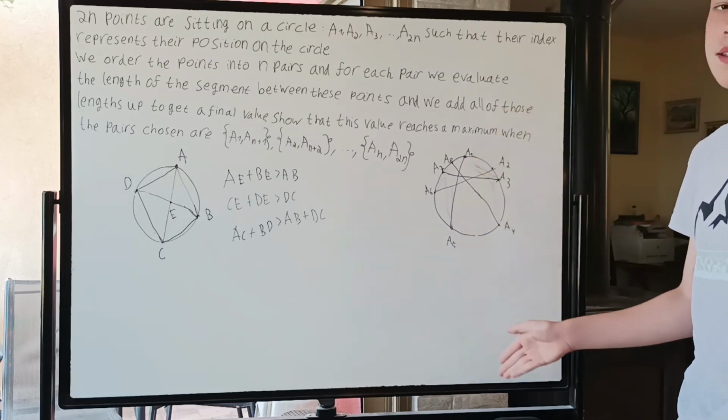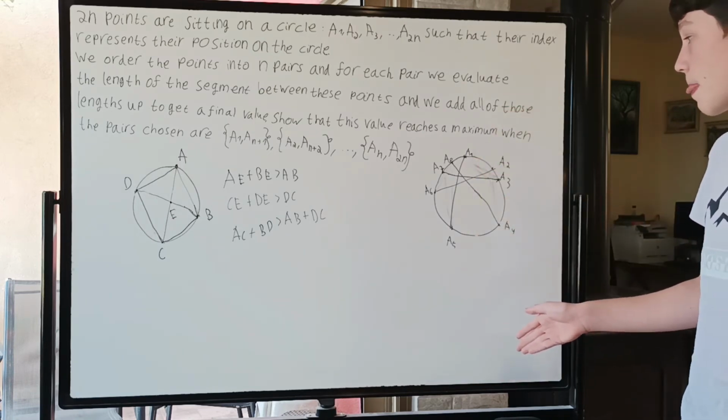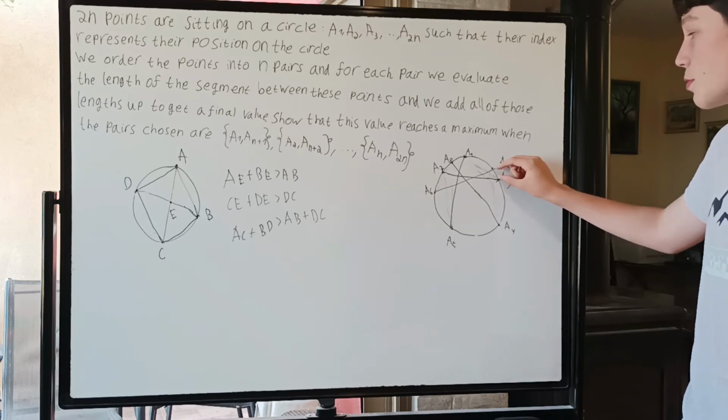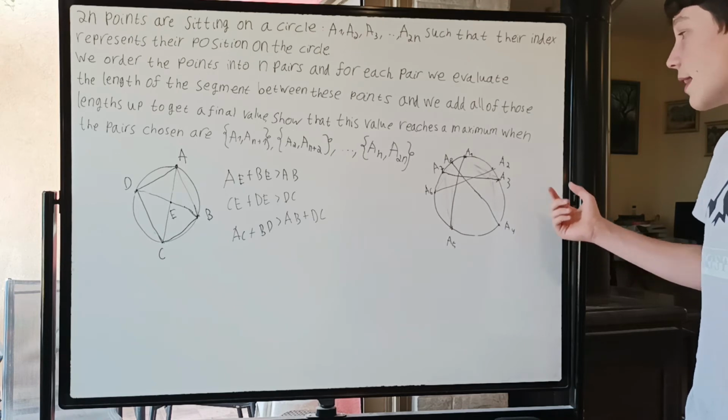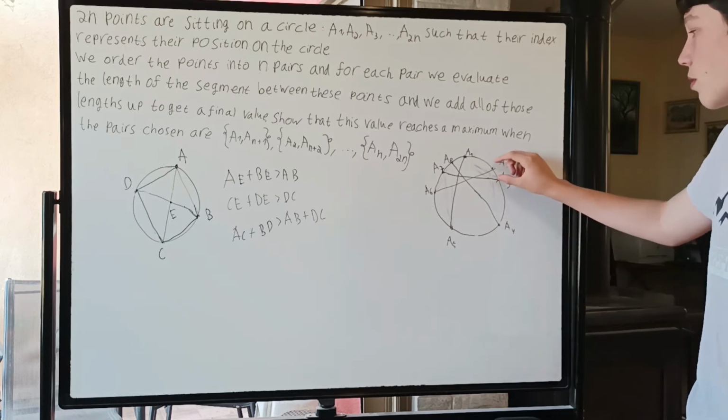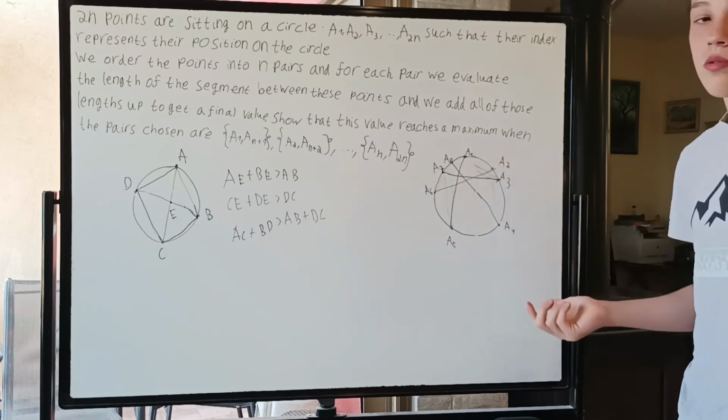A1, A5 divides the circle into two, and there are no two points here that are also on the same segment. And that makes sense, right? Because if they were, then these two couldn't cross.